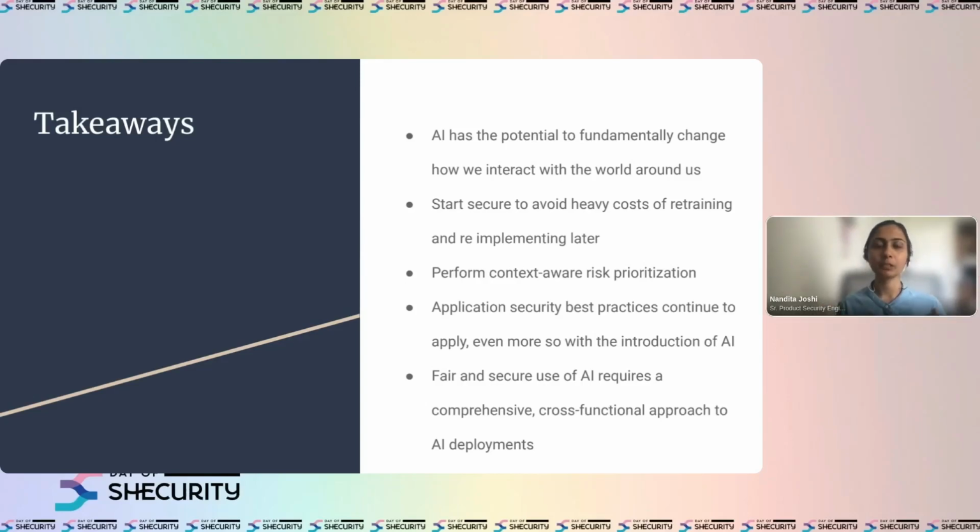You want to perform context-aware risk prioritization and keep in mind that application security best practices continue to apply, although we're working with an expanded threat landscape. And fair and secure use of AI requires a comprehensive cross-functional approach to AI deployments.